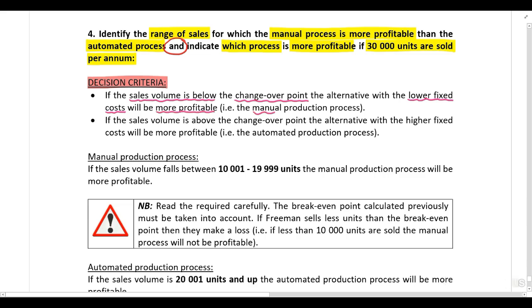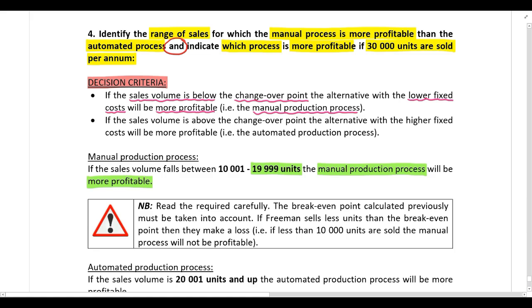So the manual production process has lower fixed costs. So if the company sells less than 20,000 units, so in other words, if they sell 19,999 units, then the manual production process will be more profitable. Now you just need to be careful.